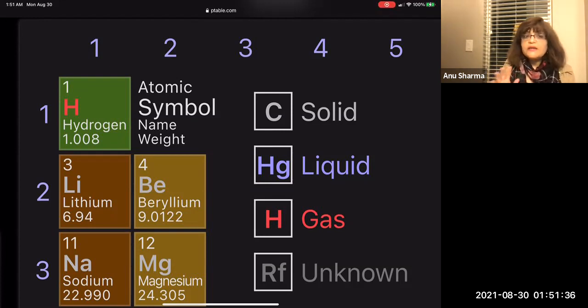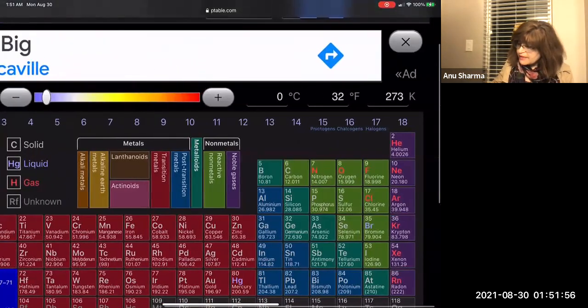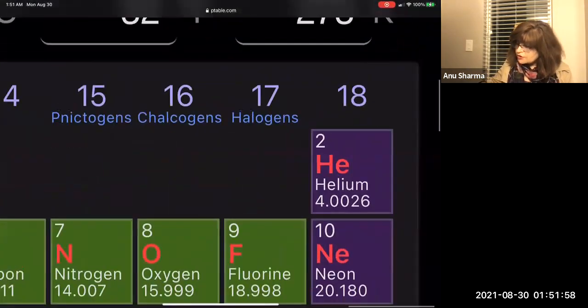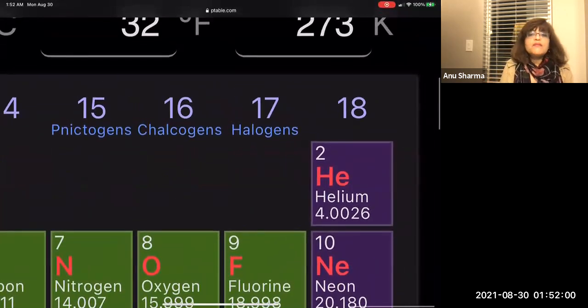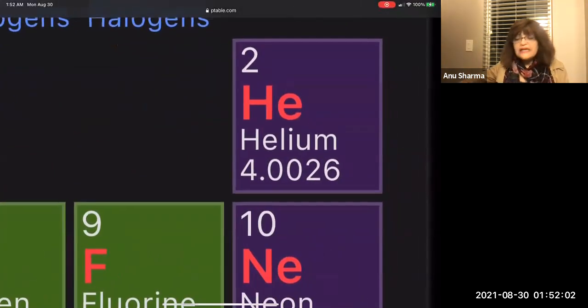Atomic number represents the number of protons. Simple. So if there is only one proton, it is always going to be hydrogen, nothing else. So the identity of the atom is tied to the number of protons. If there's only one proton in the atom, it is hydrogen. You add one more proton to it, make it two protons, and what does it become? It becomes helium.